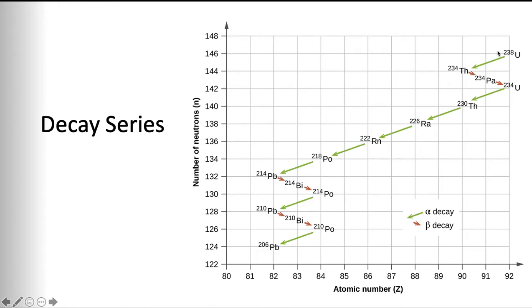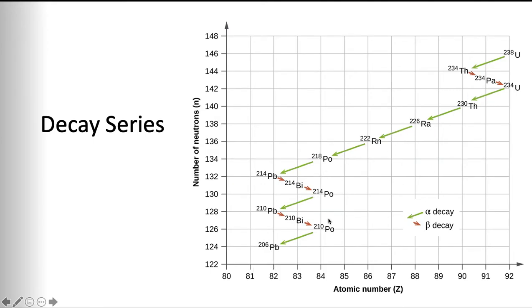Uranium-238, for example, has a Z of 92, and it decays. Look at how many alpha decays. The green arrow represents the alpha decays, and the red arrows the beta decays. Look at the cascade it undergoes spontaneously, or naturally, to end up at more stable isotopes.